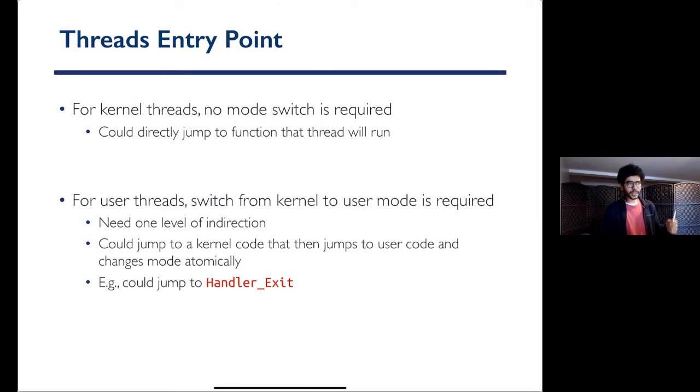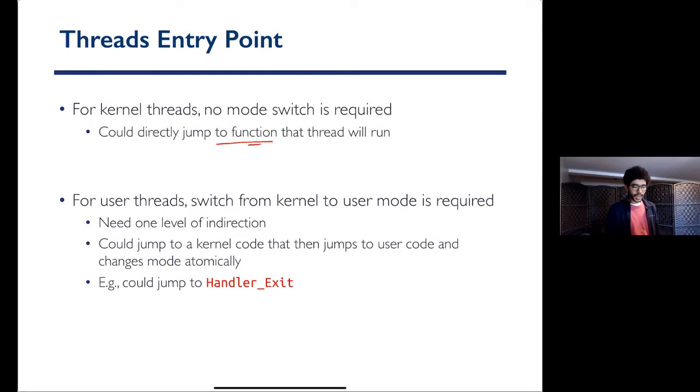now let's talk about this entry point of threads. As I said, if we're talking about the return in the thread switch, where do we want to return if it is a newly created thread? If this new thread that we want to context switch to is a kernel thread, then we can just jump to the function that this thread is supposed to run.